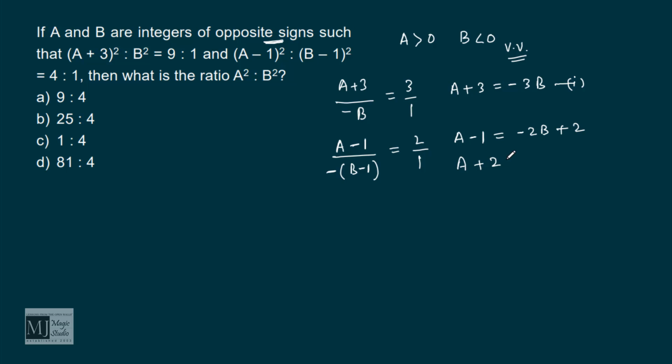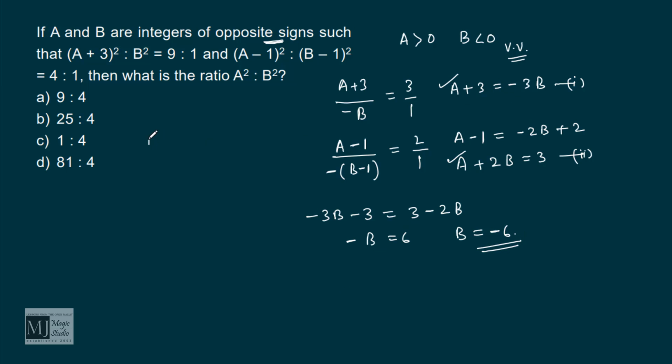So we have A plus 2B is equal to 3. Now A plus 3 is minus 3B and A plus 2B is equal to 3. If we equate these two for A, we can easily get the value of B. So minus 3B minus 3 equals 3 minus 2B. If I take this here, minus B equals 6. That means B is equal to minus 6.